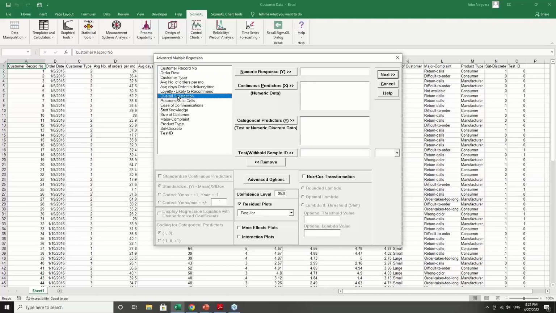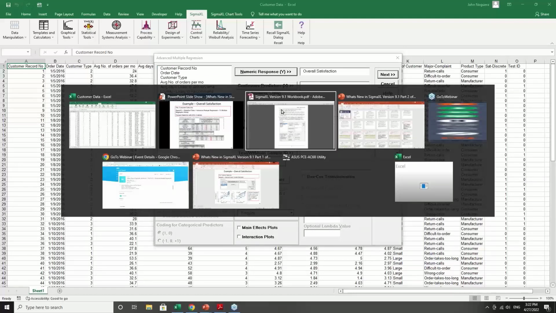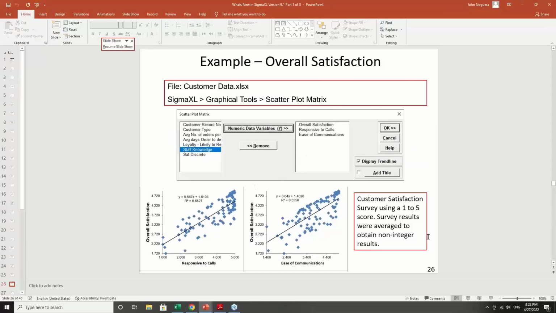and I'm going to use overall satisfaction. Recall that overall satisfaction is from a customer satisfaction survey using a 1 to 5 score. Survey results were averaged to obtain non-integer results. Here's overall satisfaction versus responsive to calls, so there's a pretty strong positive relationship.